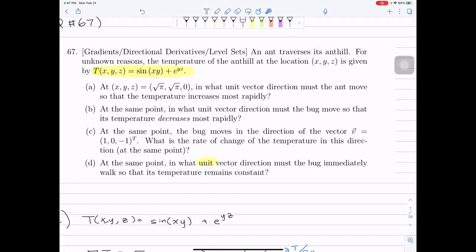Then part D says, at the same point, in what unit vector direction must the bug immediately walk so that the temperature remains constant? Temperature remaining constant means that we want our output to not change, so we should be following this formula.